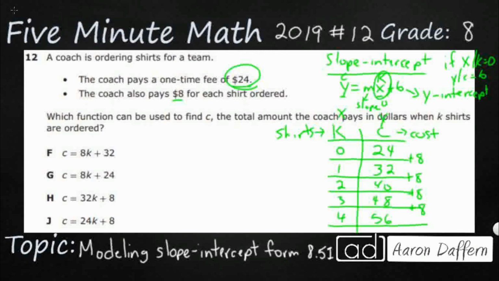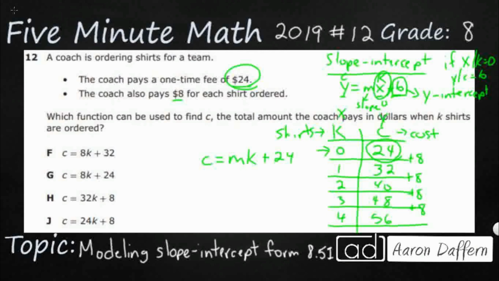In this case, when we have 0 shirts, our C is $24. So that's this plus b right here. Now I've got C equals m times K, and if we have a K of 0, our value is this one-time fee, $24. It's not changing. So that's the y-intercept, in this case the C-intercept.